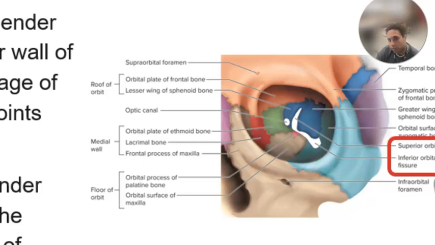Superior is because it's above, inferior because it's below. So those are two fissures, and we have the optic canal over here. This optic canal is where the optic nerve, which is the nerve responsible for vision, goes through. And then we have, again, the superior orbital fissure and inferior orbital fissure.